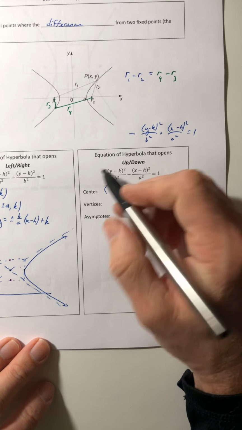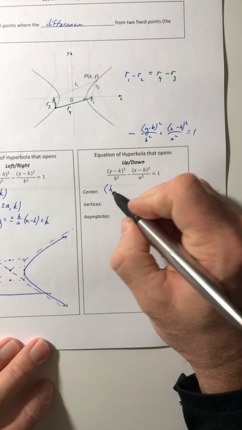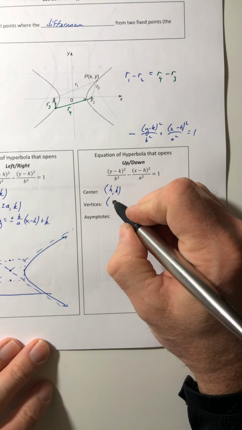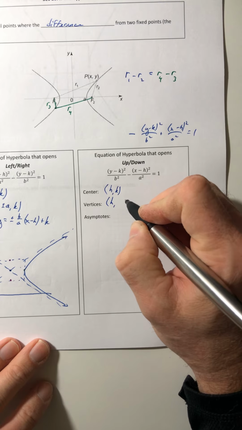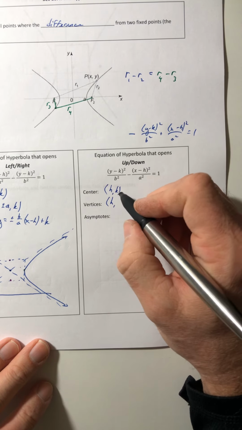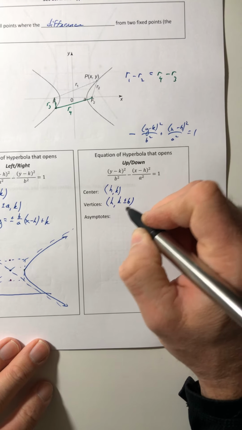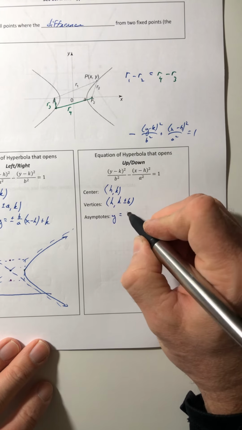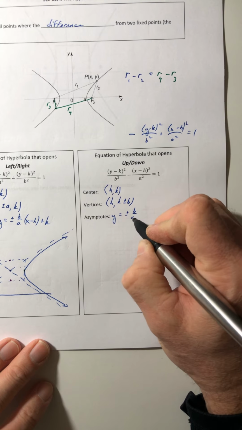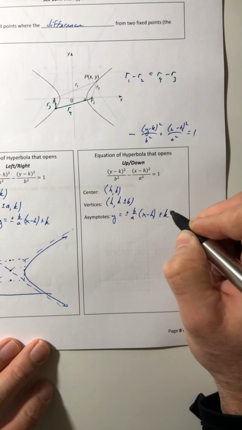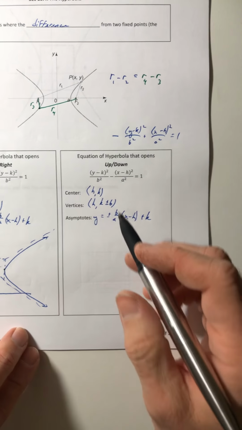The center is found the same way as before, just h and k. For the vertices, now you're adding and subtracting to the k value of the center. The asymptotes follow the same exact equation, which is kind of nice. You don't have to switch anything around.